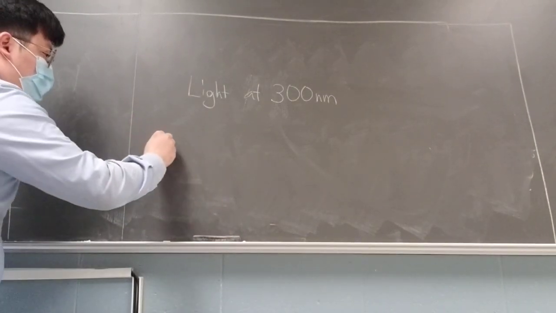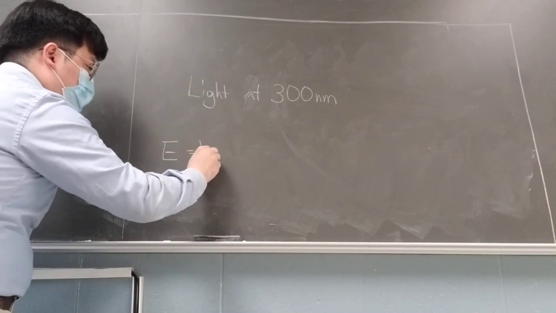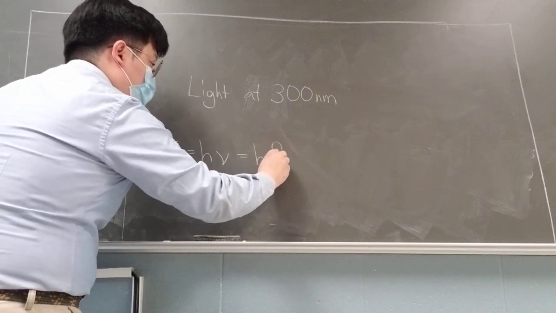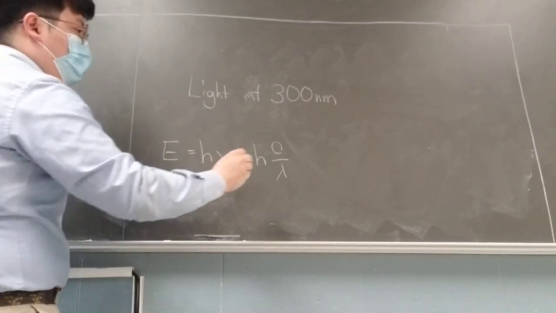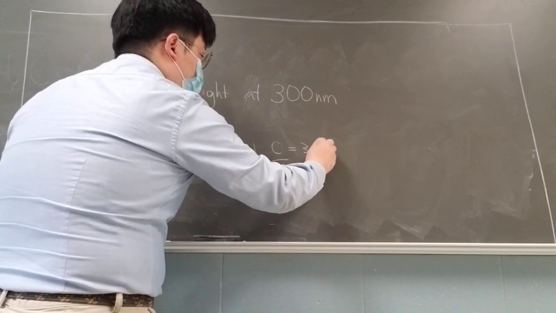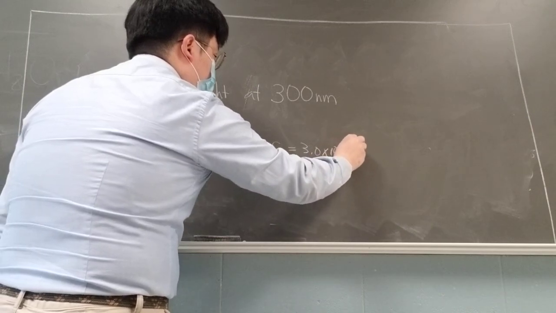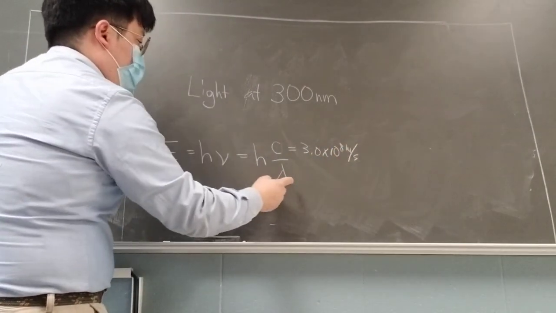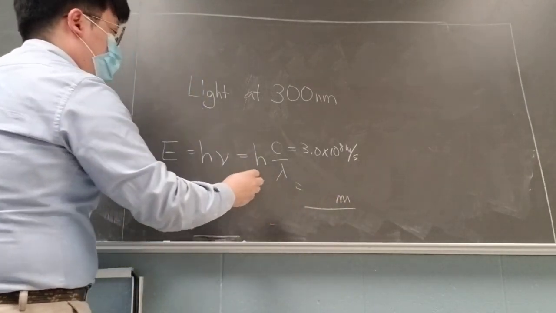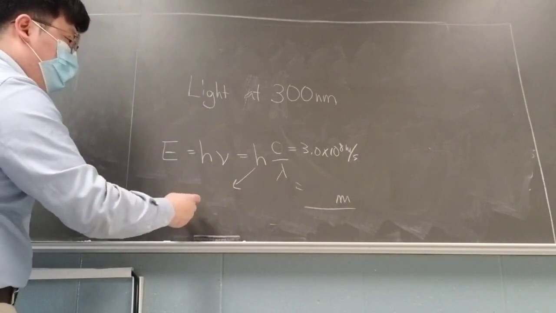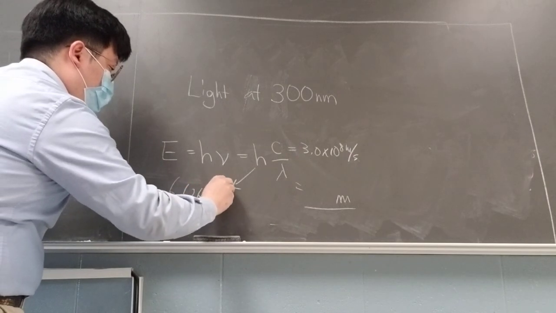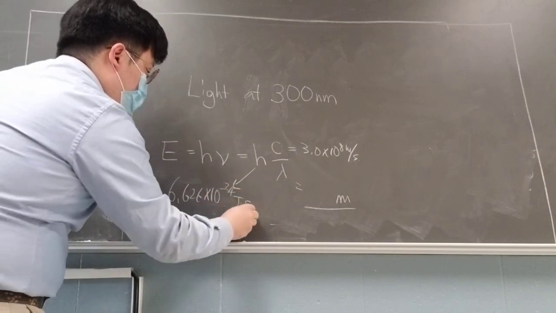Once again, you only need to do this one, but you don't know the frequency, so we're going to do this one. The c is the speed of light, which is 3.0 times 10 to the 8 meter per second. The lambda has to be converted into meter. The Planck constant is 6.626 times 10 to the negative 34.